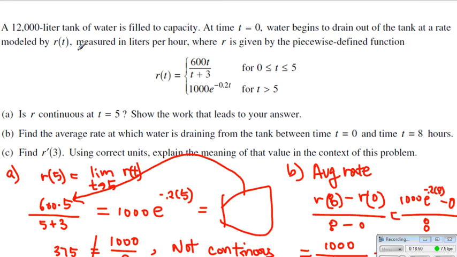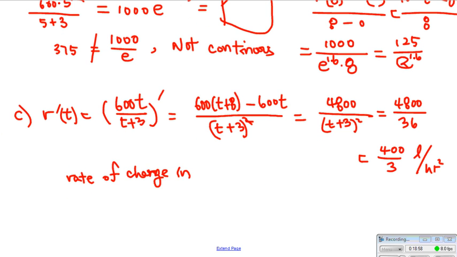Here R is the rate of drainage. So it is the rate of change in the rate of drainage.